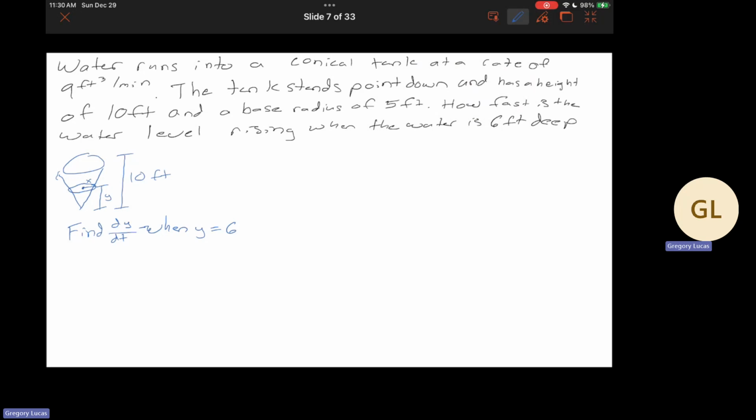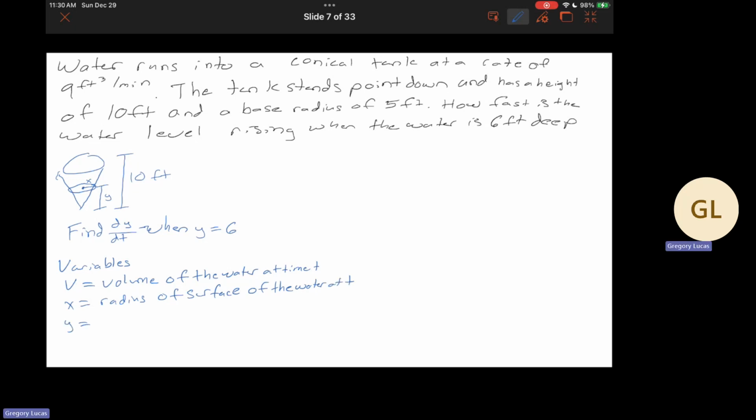So let's list all of our variables. V is going to be the volume of the water at time t. T is time. X is the radius of the surface of the water at time t.